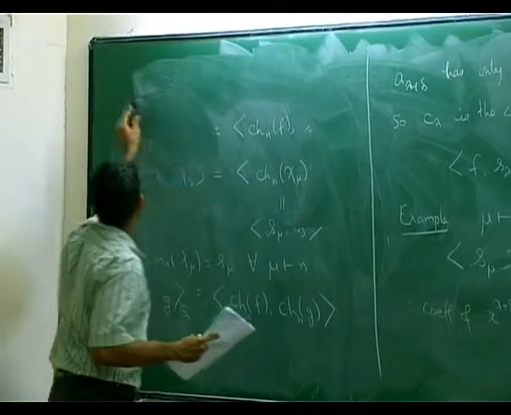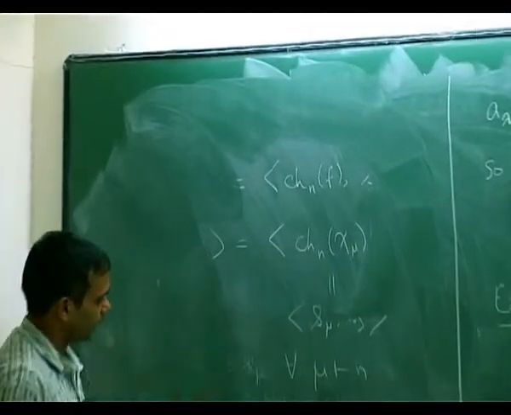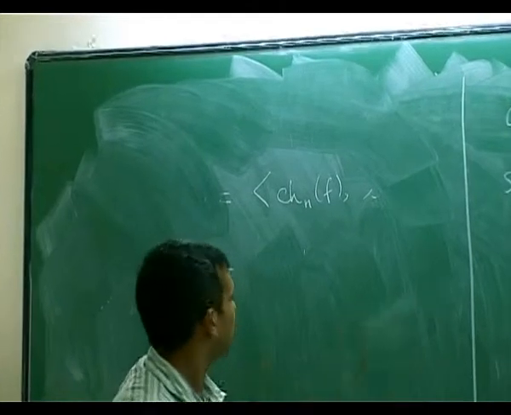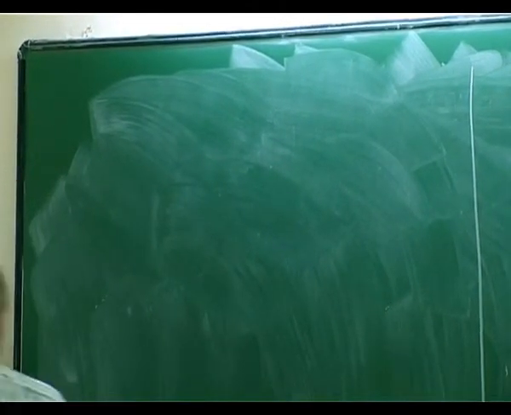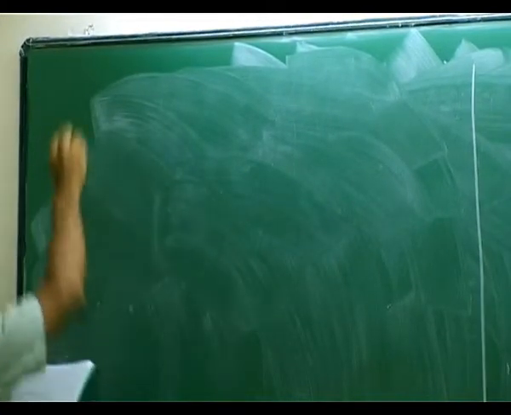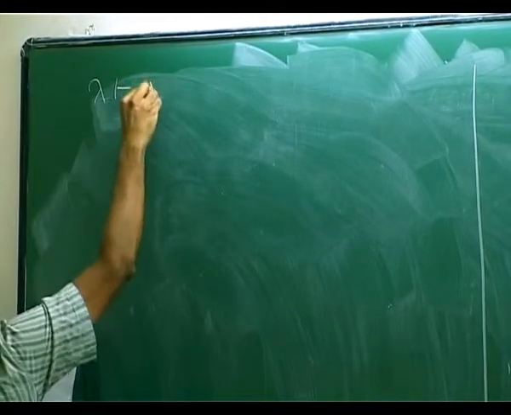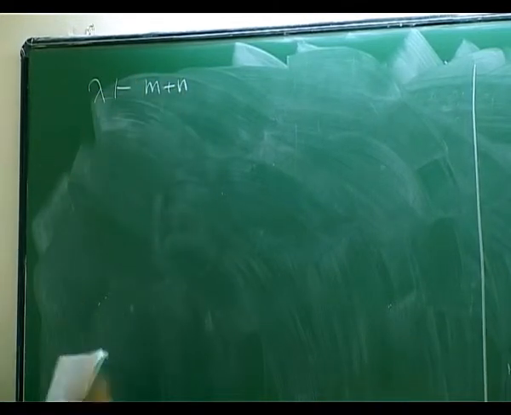Okay, so now we are ready to get the representation theoretic interpretation of Littlewood-Richardson coefficients. So the thing to look at in this case is you take a partition lambda of m plus n. Before, we were taking a partition lambda of n plus 1. Now we are generalizing it.